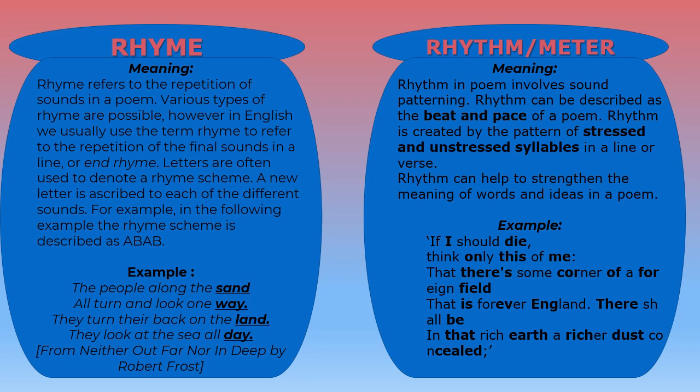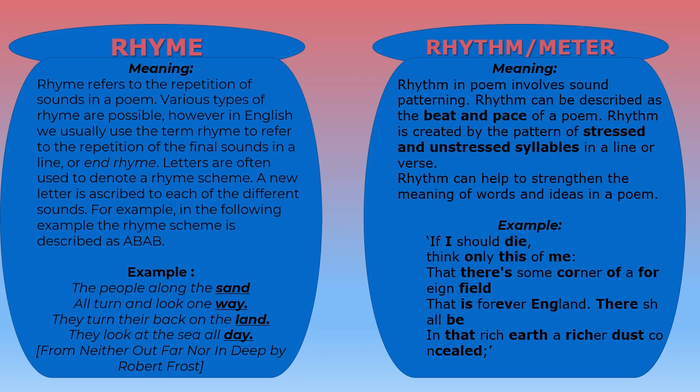Nah, di sini ada contohnya: if I should die. Jadi ada pengulangan sebenarnya bunyi dan lebih distreskan dari bunyi yang mana. Jadi kalau sudah ada I, maka ada die. Think only this of me, that there's some corner of a foreign field. Nah, kalau di sini berarti lebih menekankan kepada huruf atau bunyi F-nya.